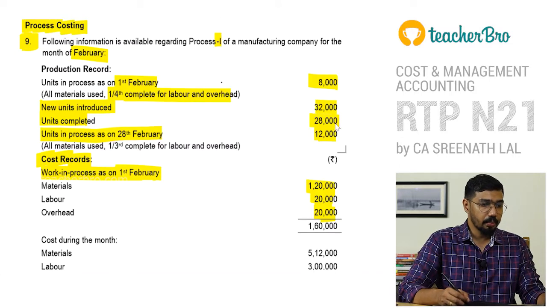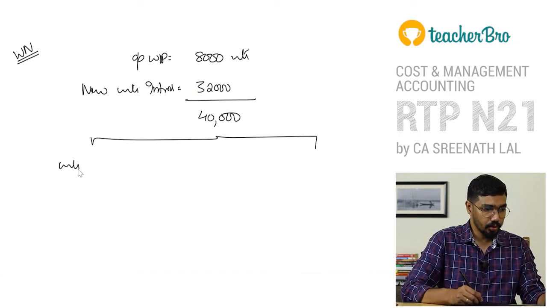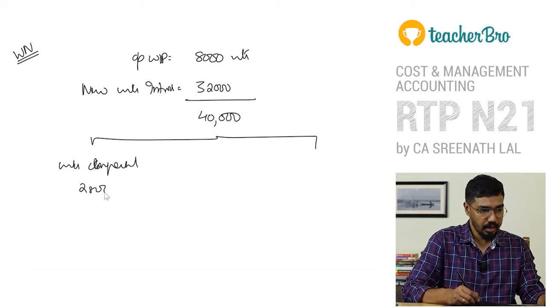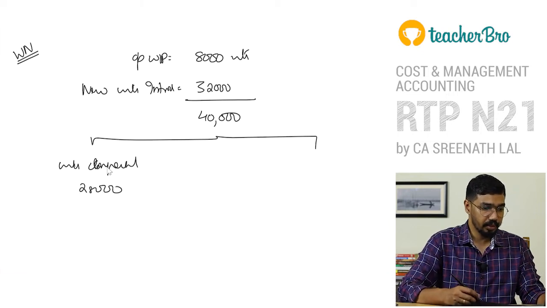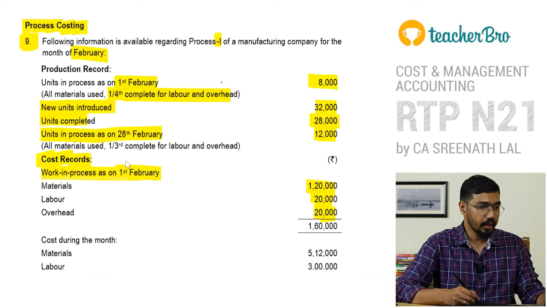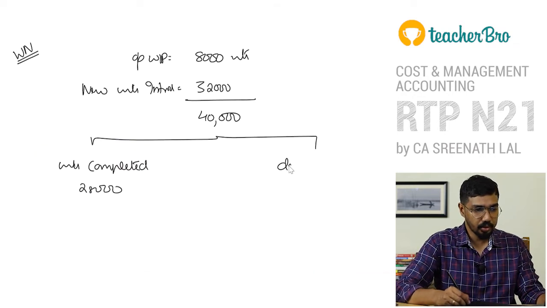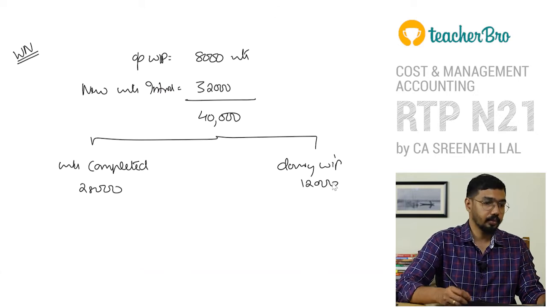How many units are completed? 28,000 units completed. And closing WIP is 12,000. Okay.